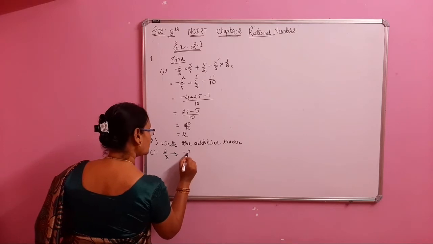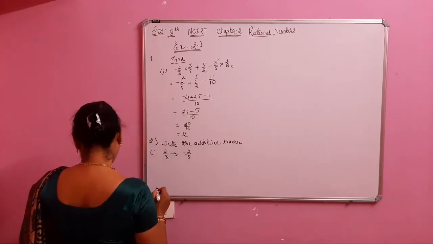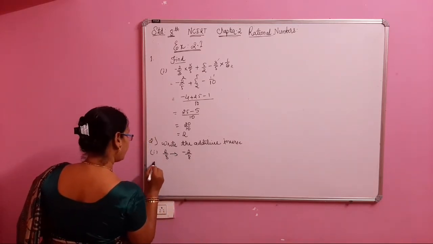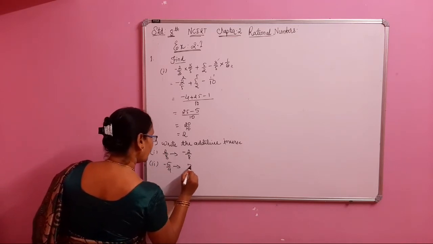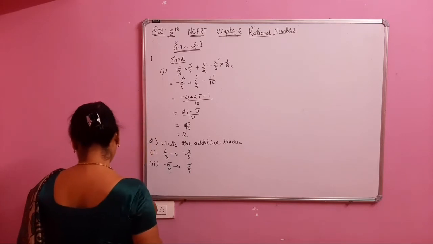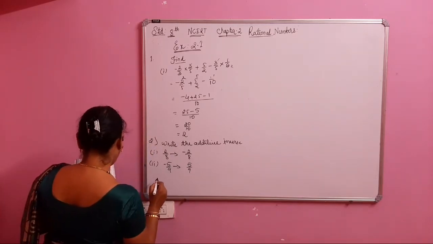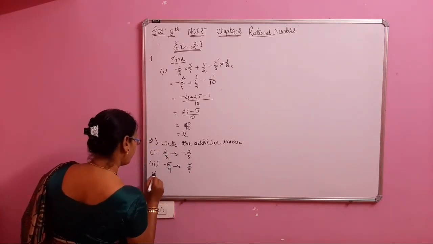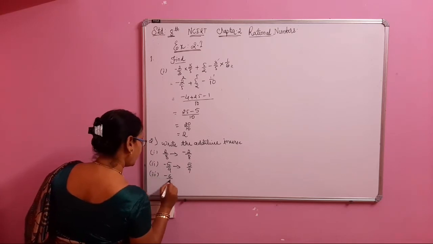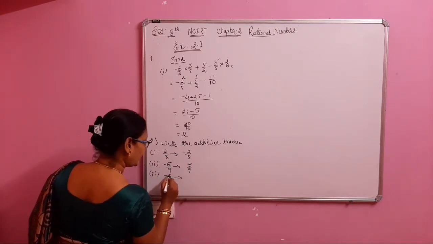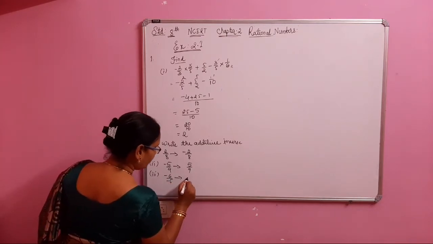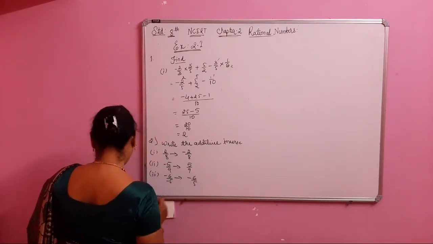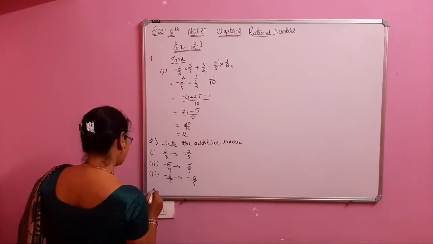Additive inverse means minus 2 by 8. Minus 5 by 9 means plus 5 by 9. Then minus 6 by minus 5: minus divided by minus is plus, that is 6 by 5, so the additive inverse is minus 6 by 5. Then 2 by minus 9.